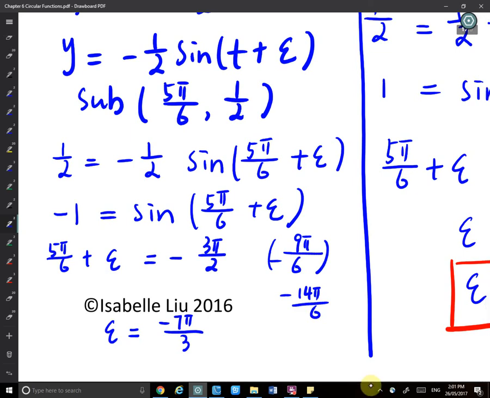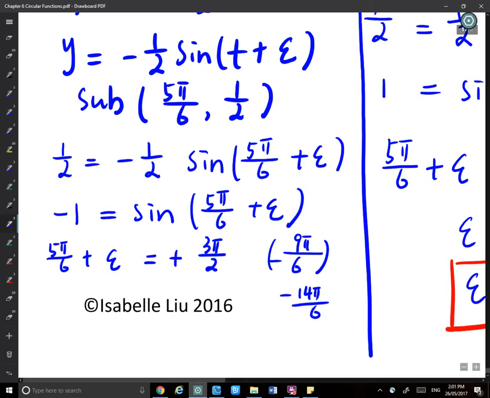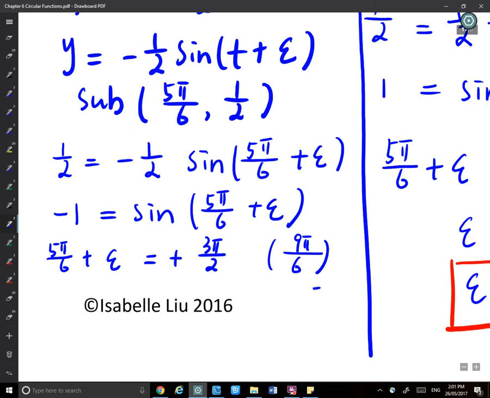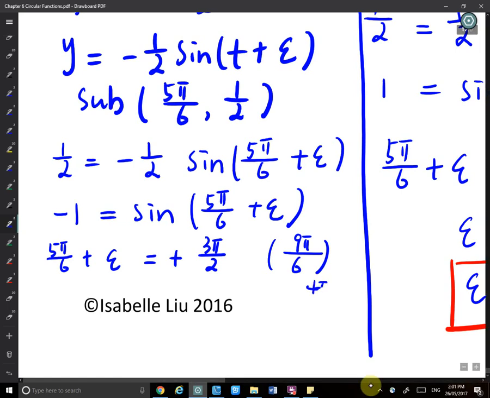Well, wait, I'm doing that. That's positive, that's not negative. Then I will subtract that by 5 pi over 6, is 4 pi over 6, 2 pi over 3.